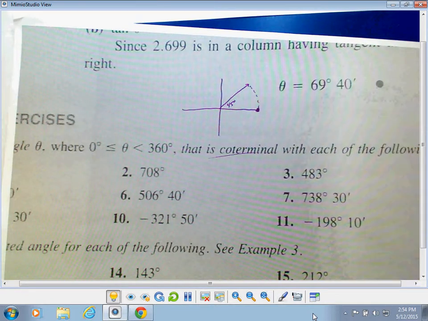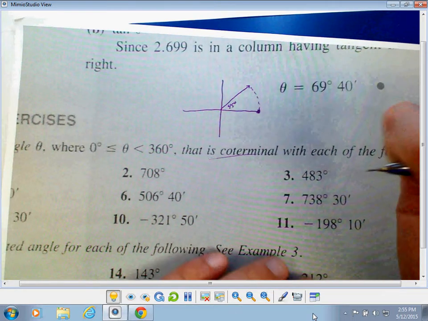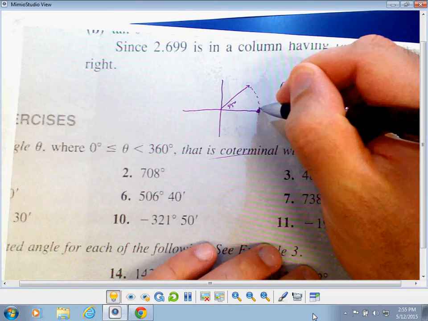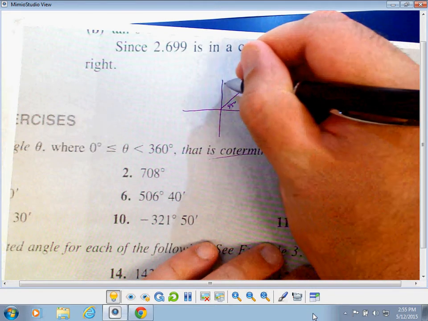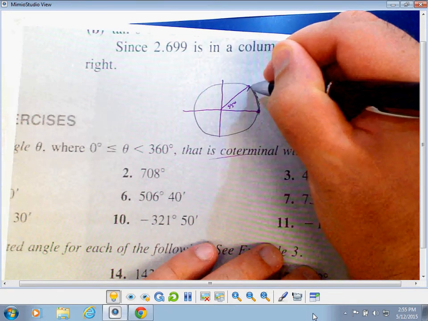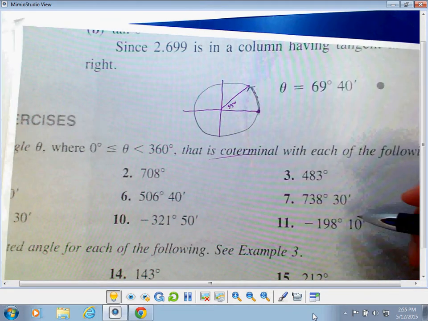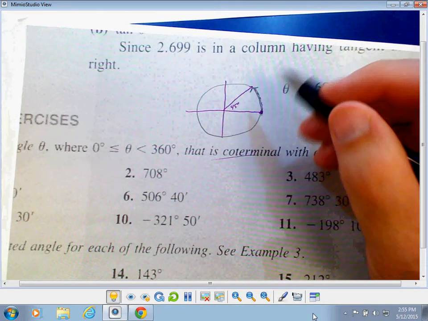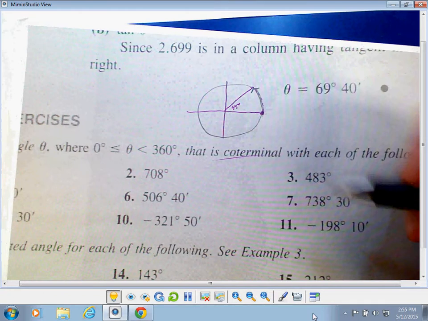But do you understand the idea that if I also did the same kind of angle and I went this way, passing that all the way around and back again up to there, that I could land at the same spot. In other words, it would represent the same angle or the same location away from the starting point.